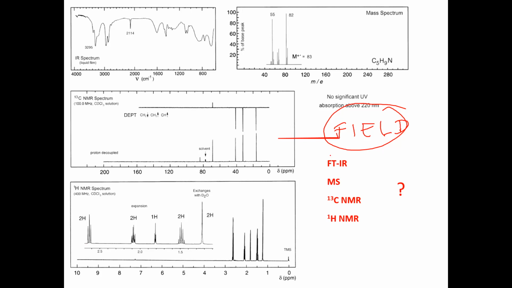Well, we cannot say for sure, but what we know for sure is that there is a nitrogen. There's a C double bond to the nitrogen. Based on the IR, we'll see.